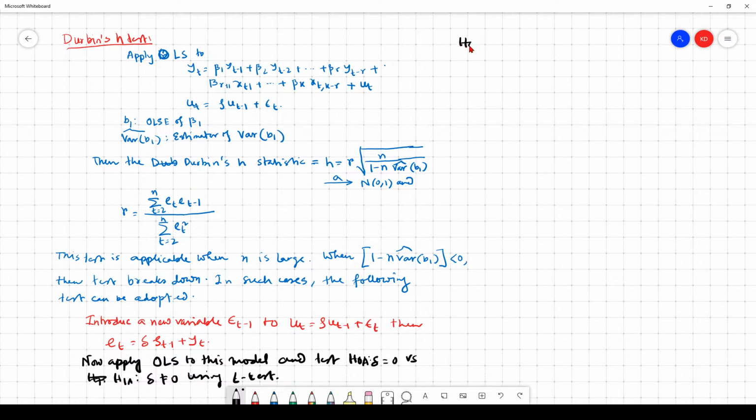If H naught A, delta equal to 0, is accepted, then H naught rho equal to 0 is accepted.